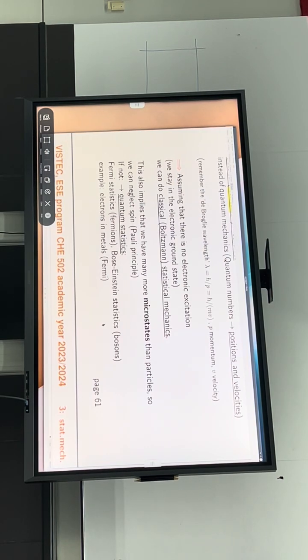Who was Fermi? Enrico Fermi. He's famous for building something that was called the Pile in Chicago. And that was the first nuclear reactor.